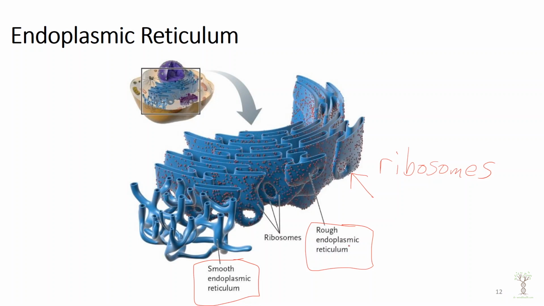They make protein. So the main purpose of rough endoplasmic reticulum is to make protein. Smooth endoplasmic reticulum does not have ribosomes. Its main function is to make fats or carbohydrates.